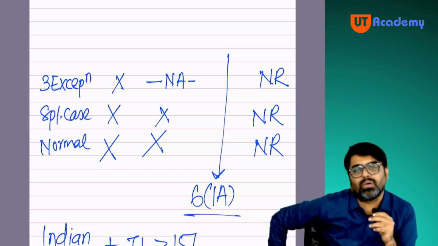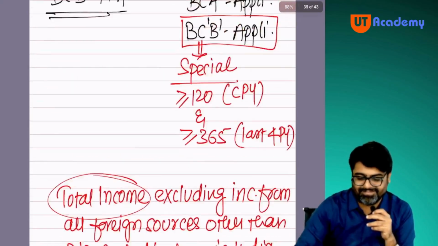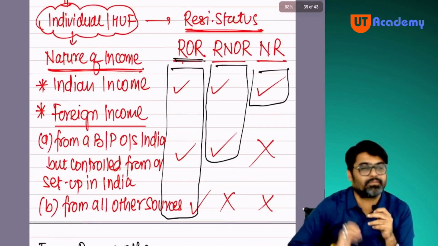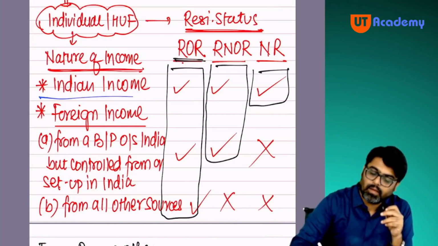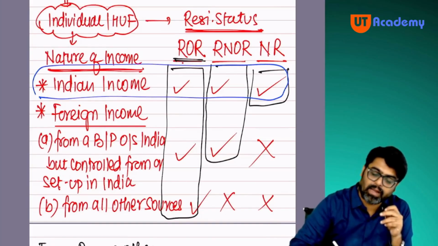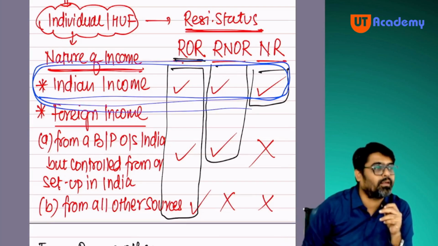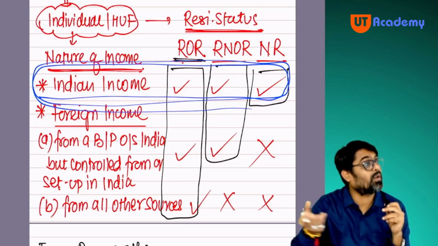Yes or no? India follows both. Now you will love it. If the source of your income is my country, you will pay tax in my country. Indian income is taxable for all.